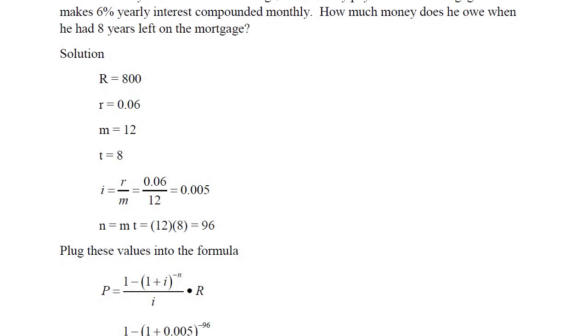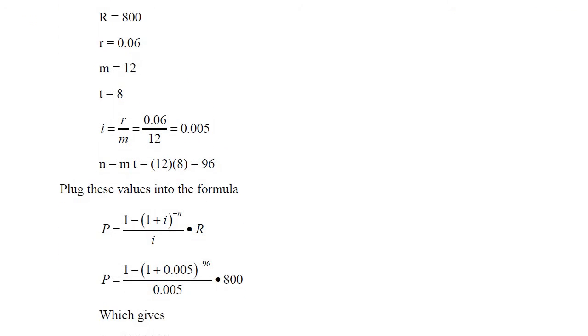So if I plug these values into my decreasing annuity formula, this gives me P is equal to 1 minus, open parentheses, 1 plus 0.005, close parentheses, exponent negative 96, divided by 0.005. And then all of that is times 800.